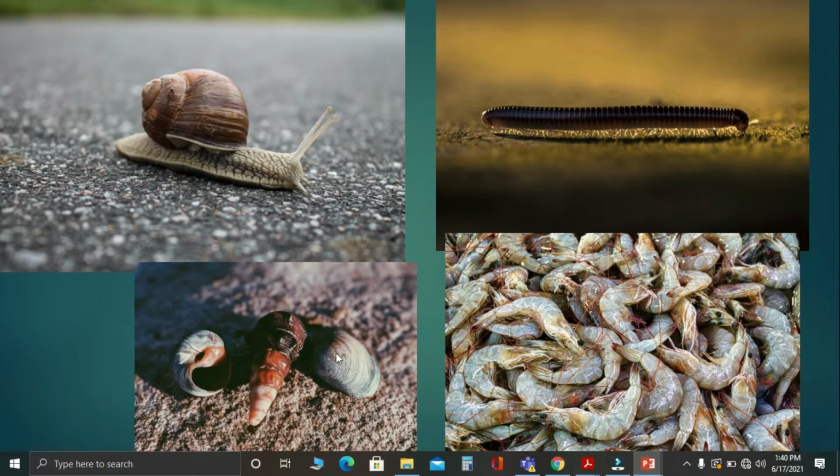This is called a bivalve. All these animals belong to the group of invertebrates because they don't have a backbone. Okay, Shiran, I think you have an idea about the animals who bear a backbone and who don't have a backbone.